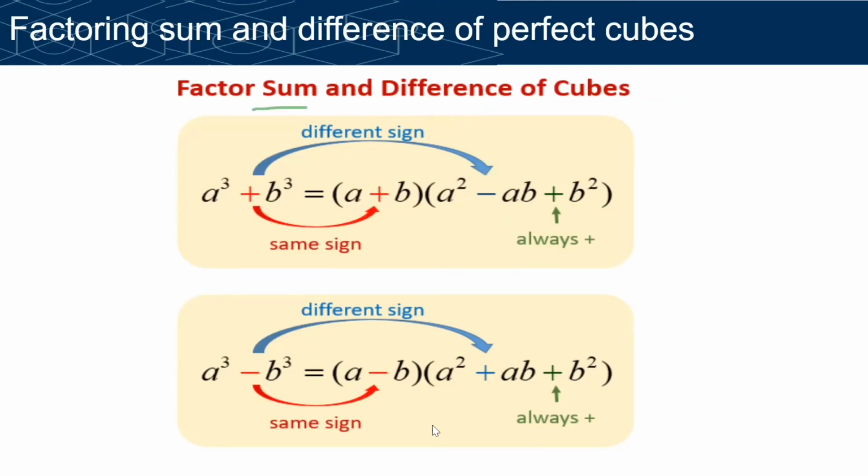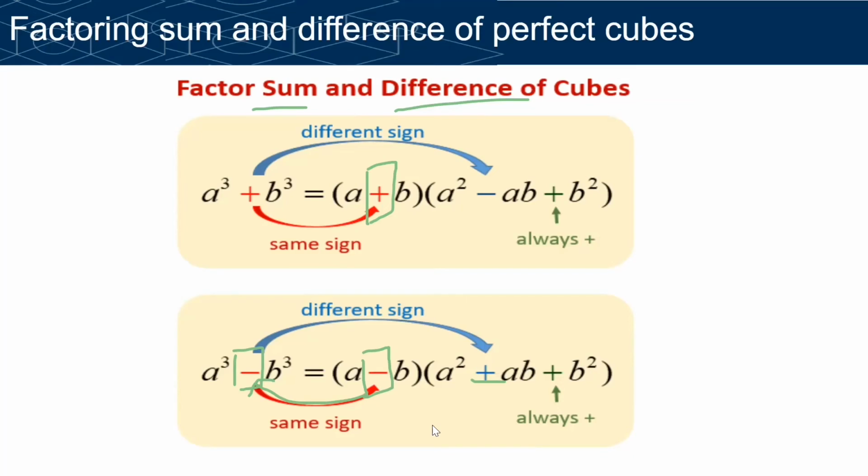And the second formula is obviously the difference of perfect cubes, as you can already tell by the negative sign in here. It's the same thing, a cubed, b cubed, and the cubes should tell you that these are perfect cubes. And then you are supposed to have the same sign. So whatever sign you have in here, it's going to be the same sign as your first sign. The second sign is a different sign.